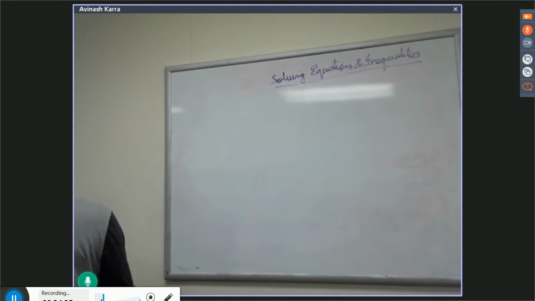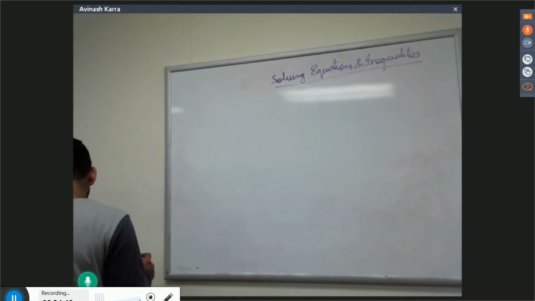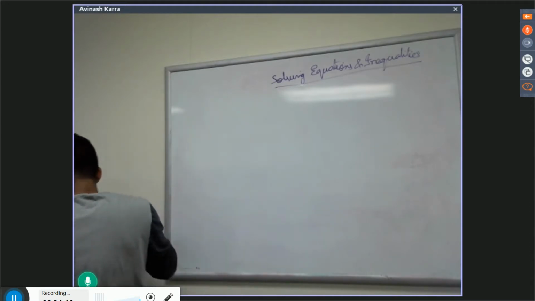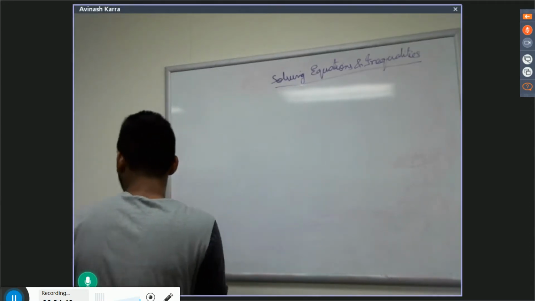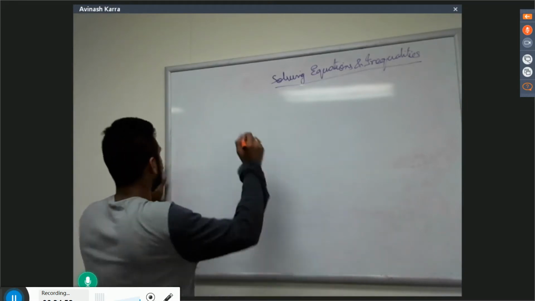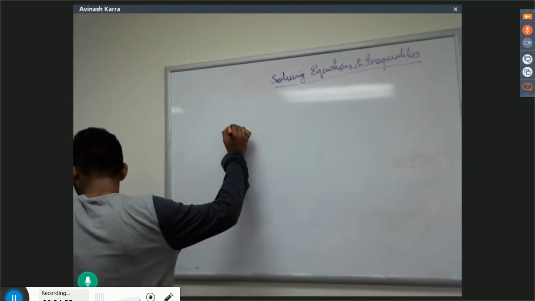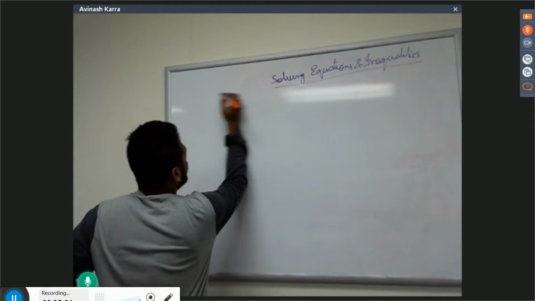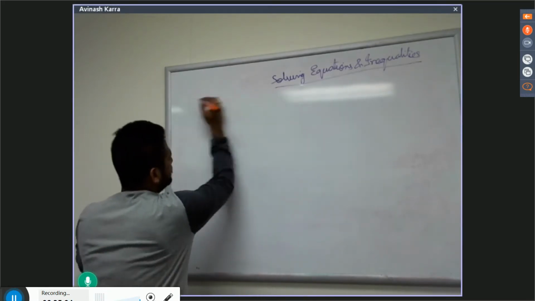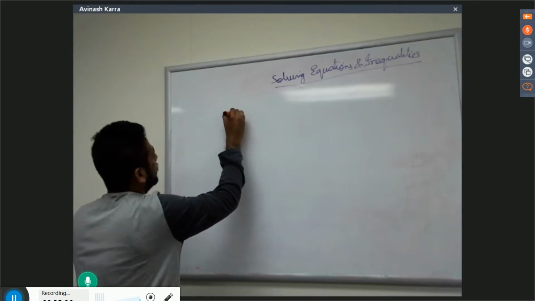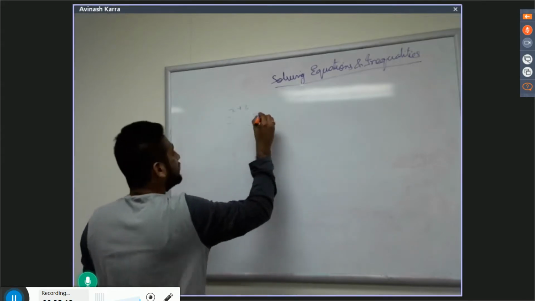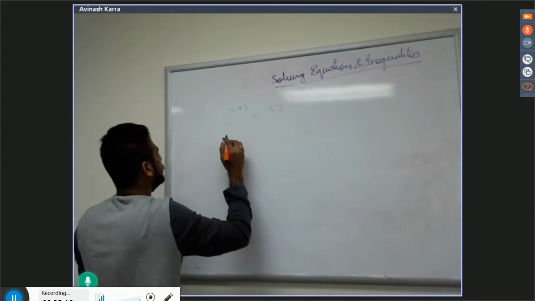So next, in the same way, can you solve? 2 power x plus 3 is equal to 32.